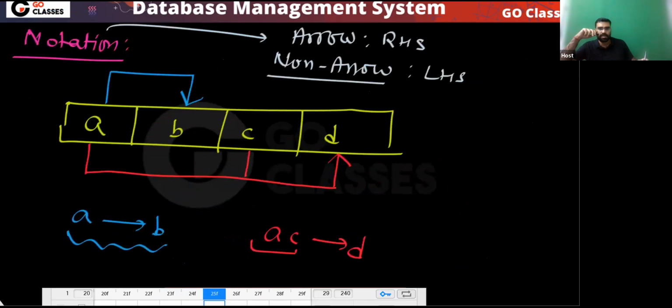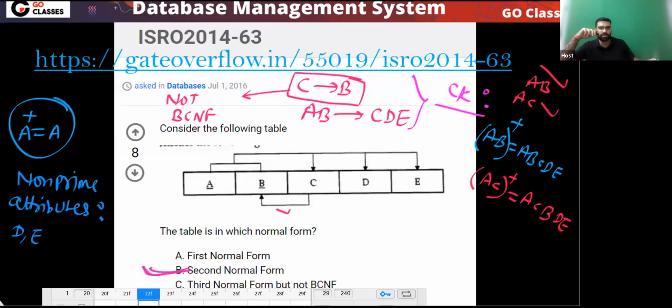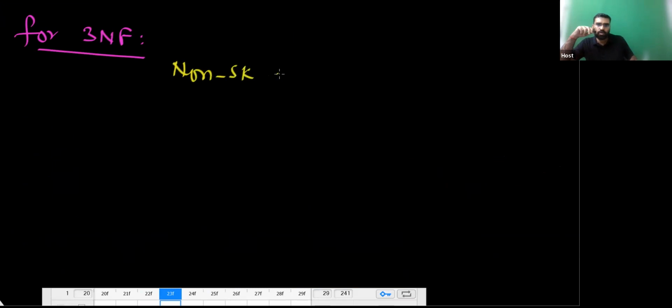What about 3NF? The same question. What can you say about 3NF? For 3NF, you need to check, is some non-super key determining non-prime attribute, right?